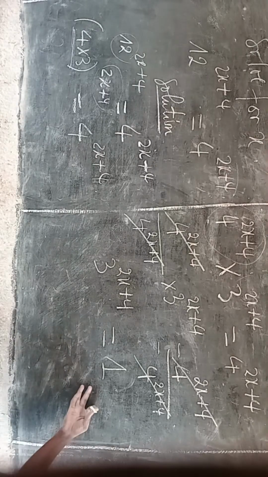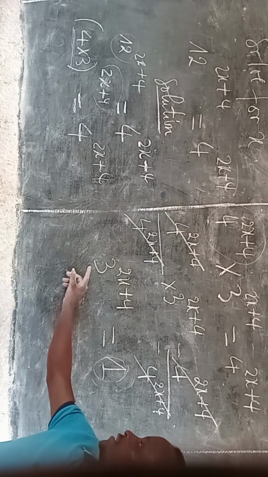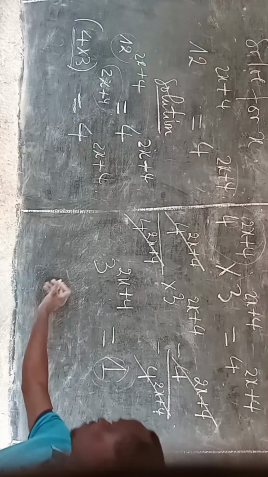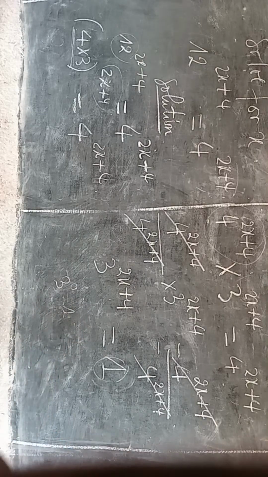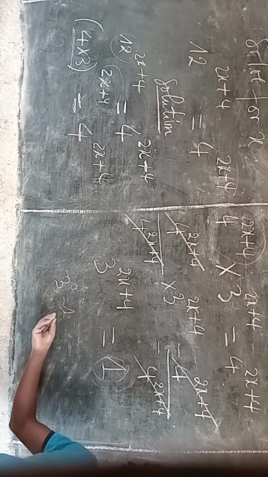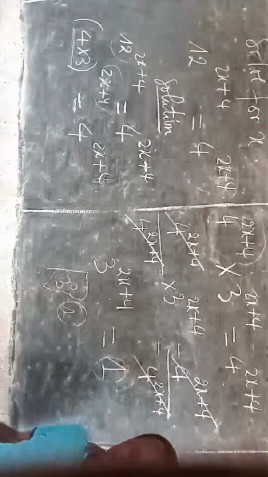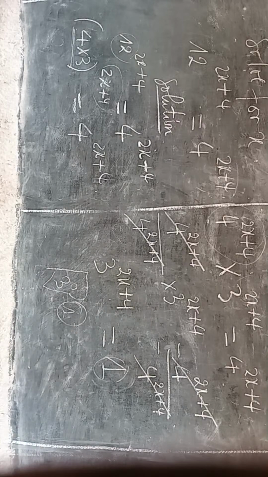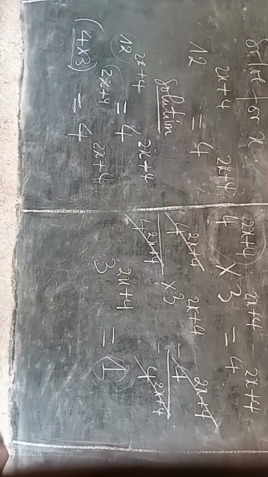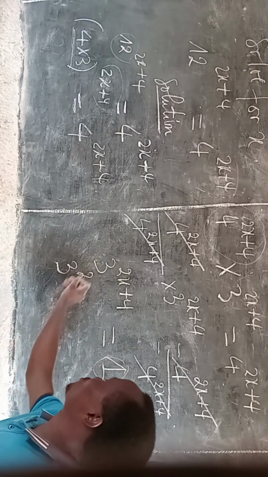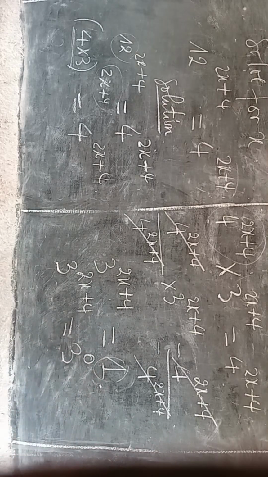We have 3 power 0 is equal to 1. Yes? 3 power 0 is equal to 1. Now in place of 1, we put 3 power 0. So we have 3 power 2x plus 4 is equal to 3 power 0.